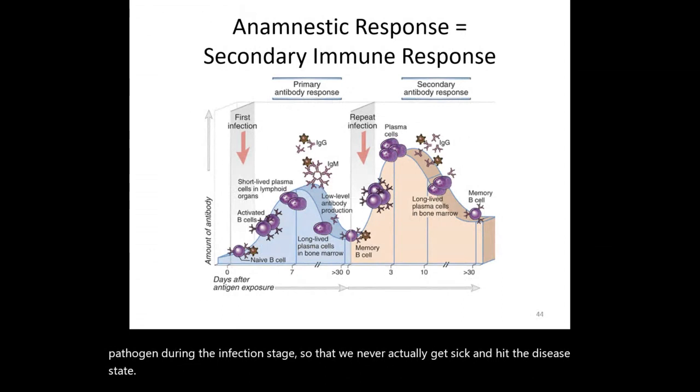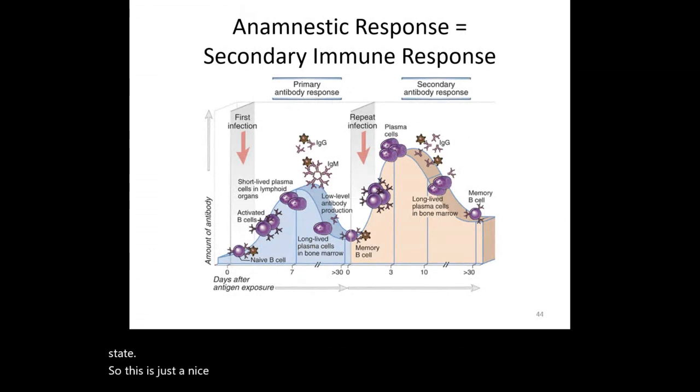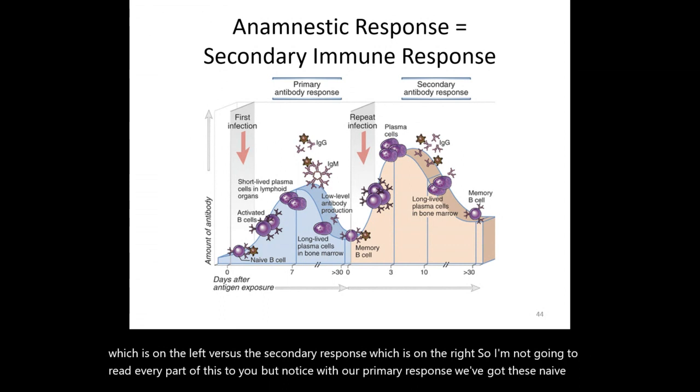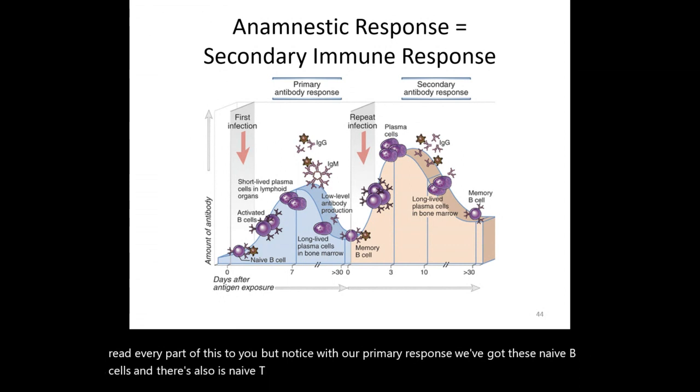So this is just a nice visual that shows the difference in time for the primary response, which is on the left, versus the secondary response, which is on the right. I'm not going to read every part of this to you, but notice with our primary response, we've got these naive B cells, and there are also those naive T cells that have to be activated.